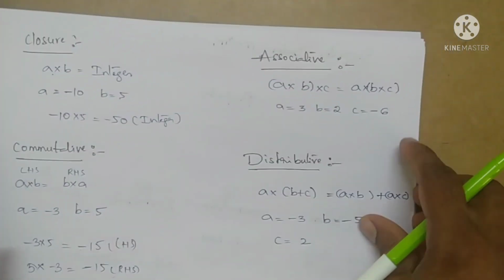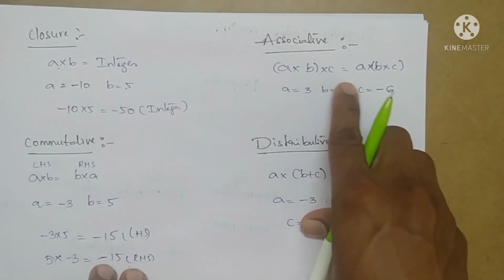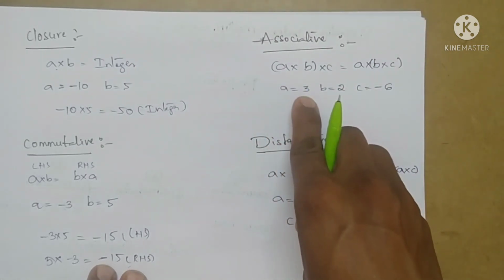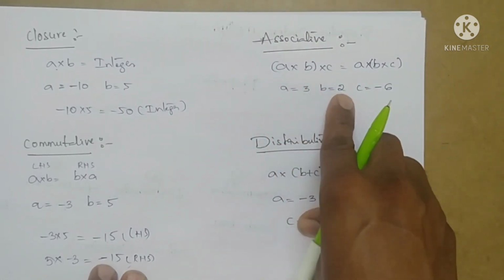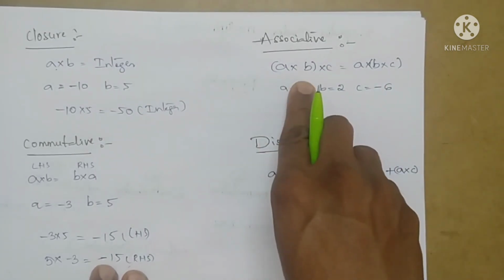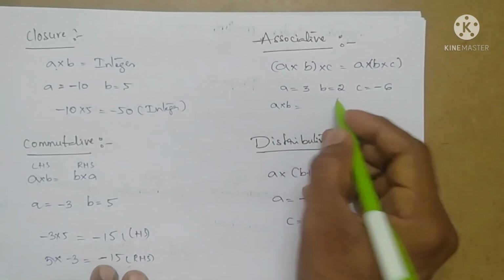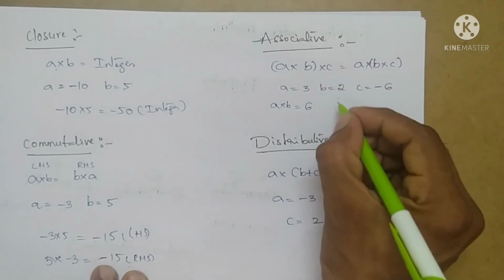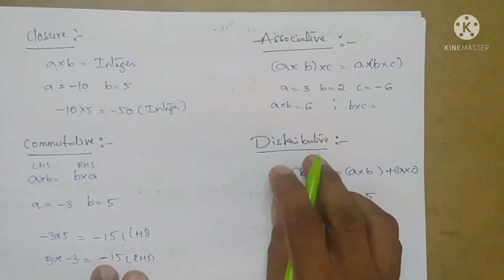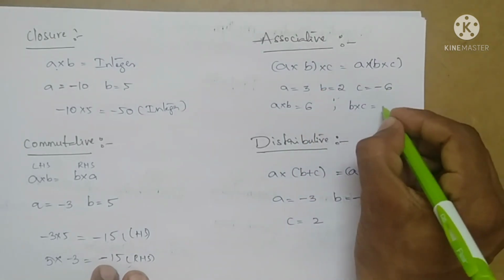So next one, associative property. (a into b) into c is equal to a into (b into c). Here let's take a equal to 3, b equal to 2, c equal to minus 6. So a into b means 3 2s are 6, right? Next, b into c means 2 6s are 12, plus into minus, minus 12.